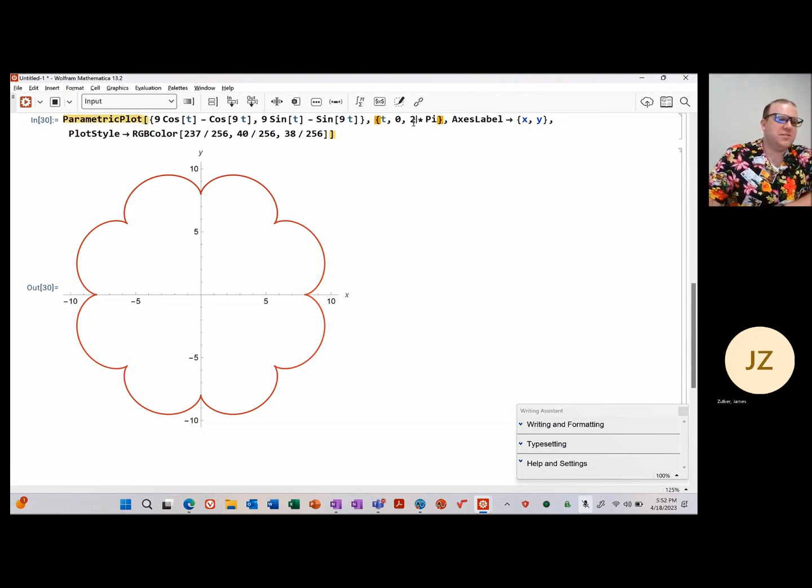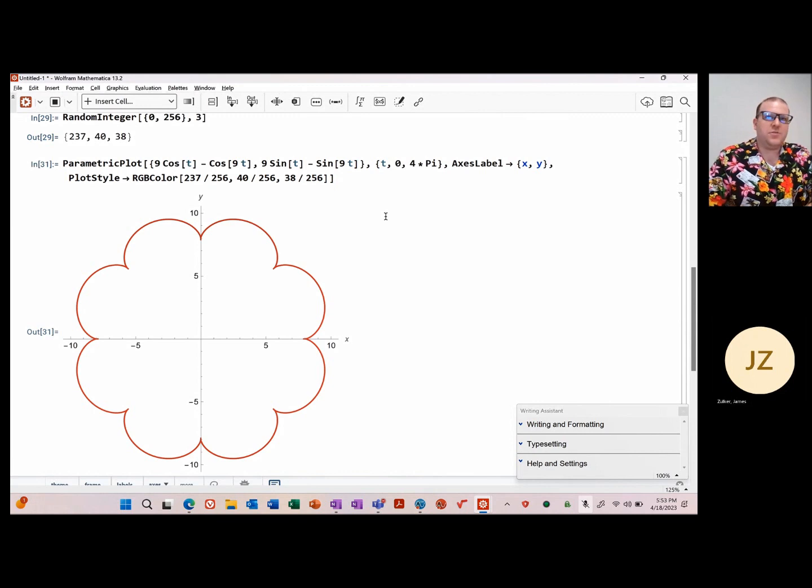Again, just changing the domain shouldn't affect this. Yeah, it just replots over itself.